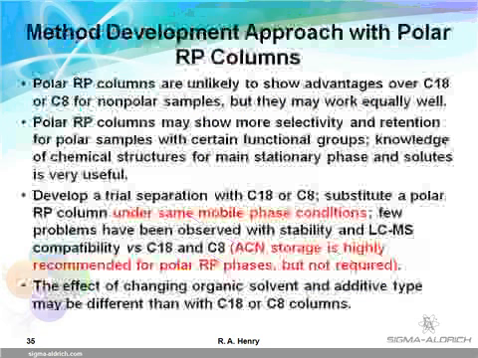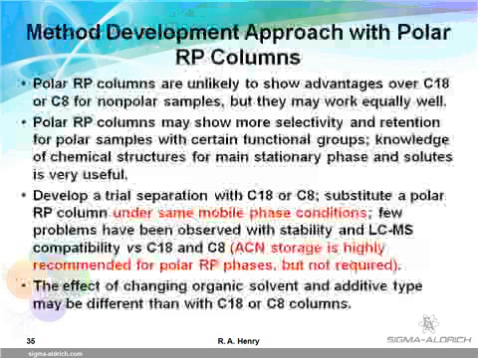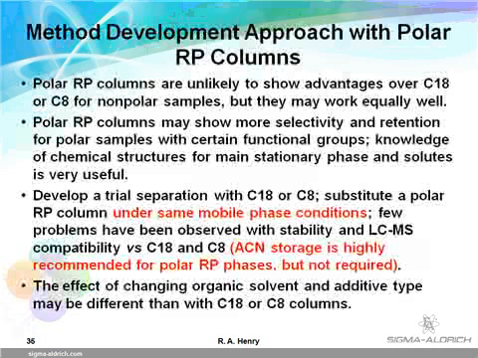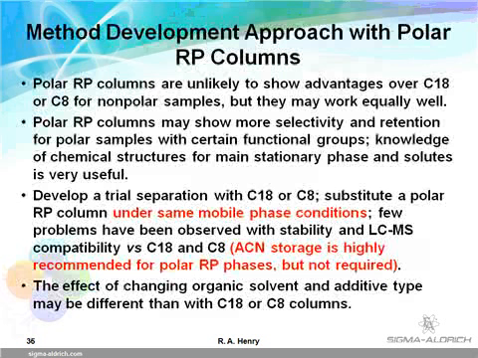The Ascentis column line has been carefully designed to produce excellent results for a very wide range of compounds, as suggested in the next slide. When a C18 or C8 column does not produce an optimum separation, a more polar RP phase, such as RP amide or phenyl, can be investigated without changing the mobile phase.